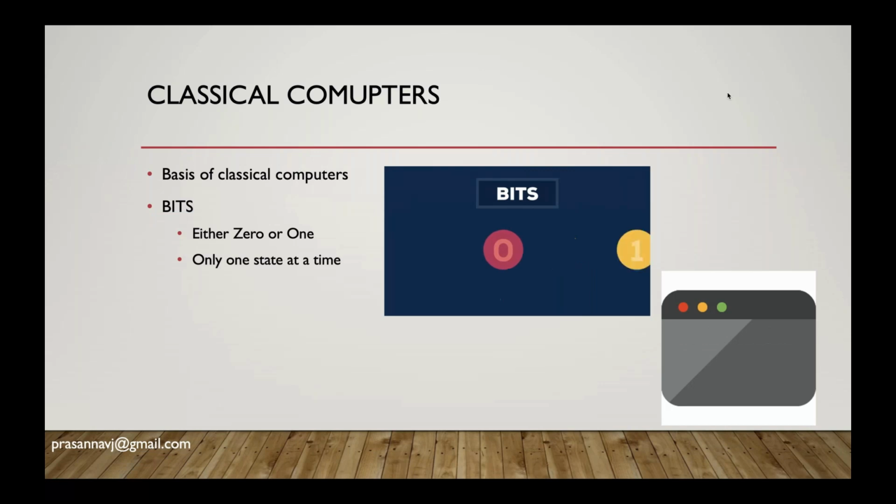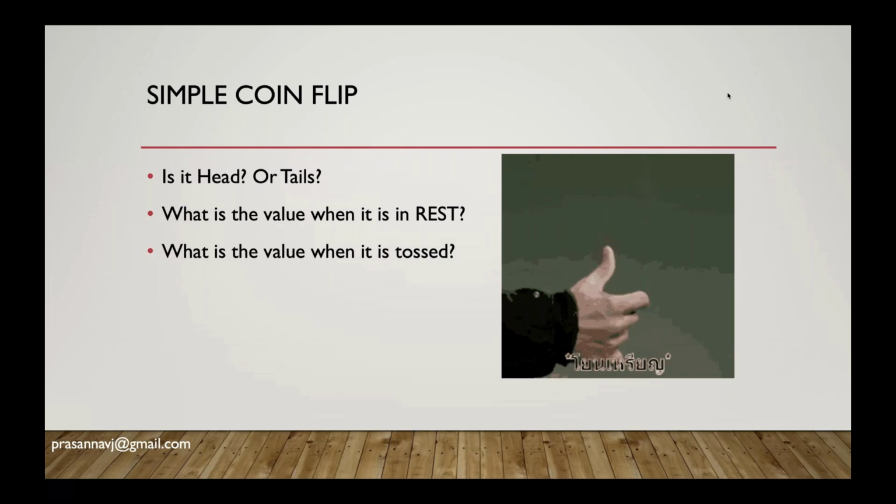Now let me take an analogy of a simple coin flip. Assume you have a coin and you are flipping it. When you have the coin in your hand, you can see its value in front of you. It could be displaying a head or tail.